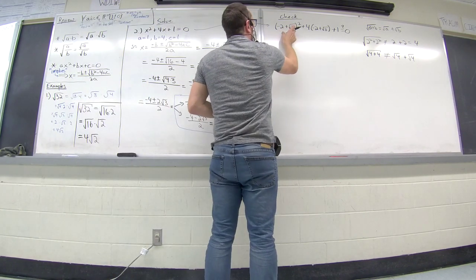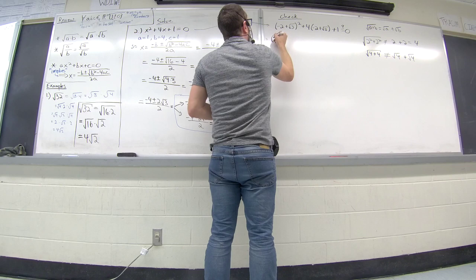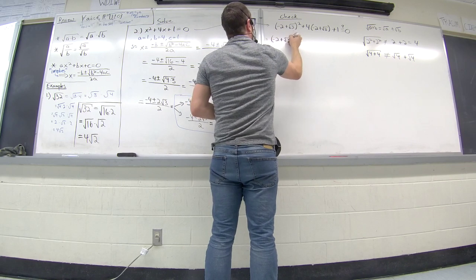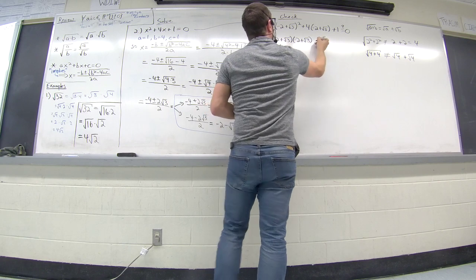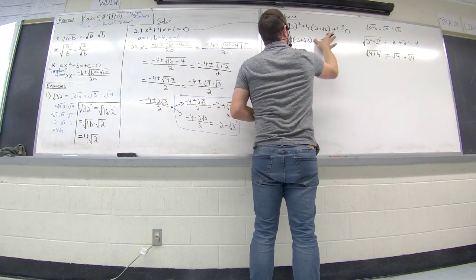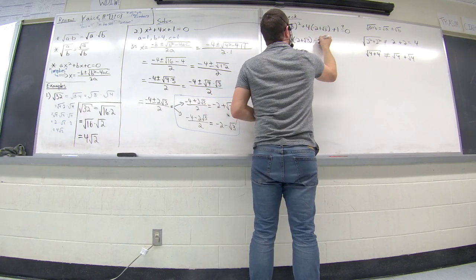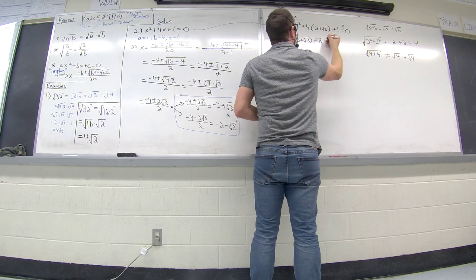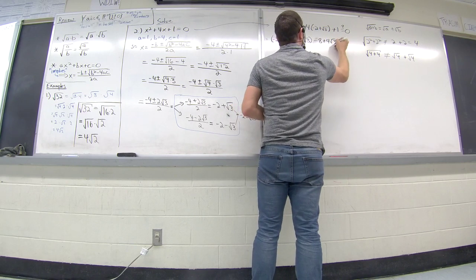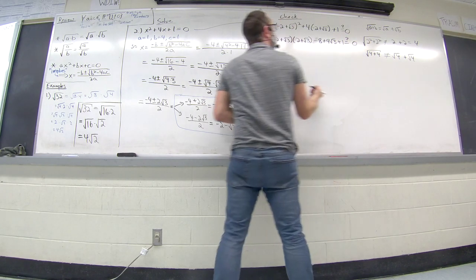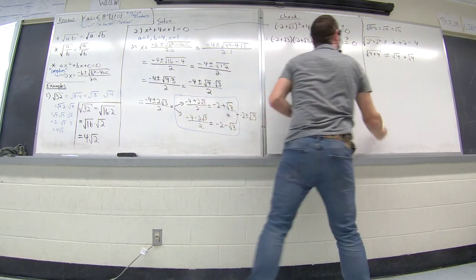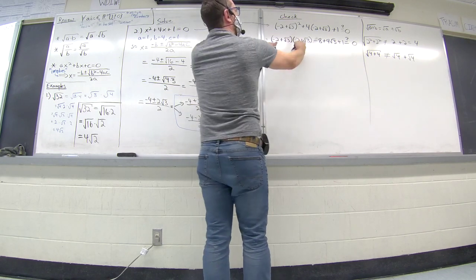How do I square that? Well, I need to FOIL it. Distribute my 4 here. 4 times -2 is -8. 4 times root 3 is 4 root 3, plus 1. Question mark equals 0. I'm checking to see if those are equal. Okay, FOILing this.